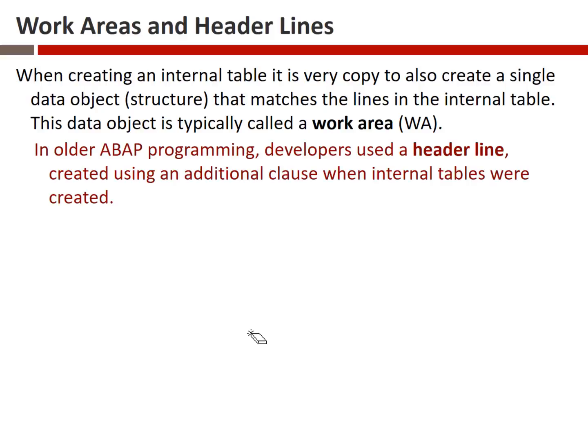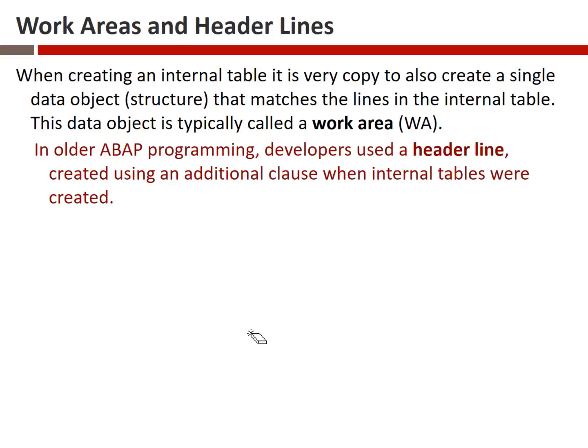It is worth noting that if you look at a really, really, really old ABAP program, there used to be something called a header line. Header lines are deprecated. Header lines were replaced by the concept of a work area. So if you ever actually see in the ABAP documentation reference to header lines, or you're maybe looking at code online that talks about header lines, just don't even see that, because that is something that is extremely deprecated and in fact will break things that we will do later down the line.